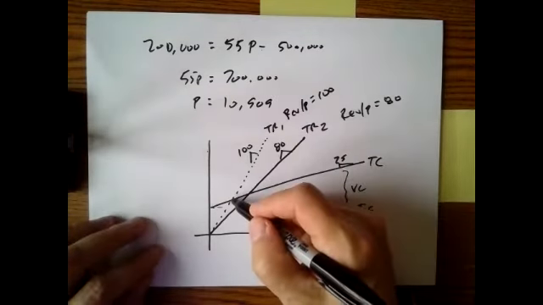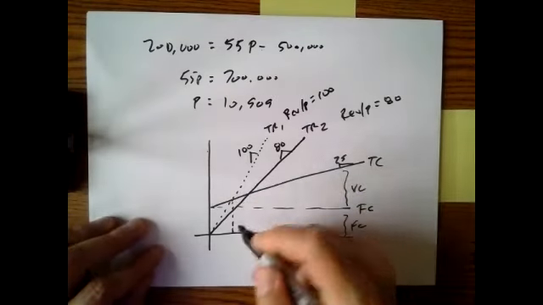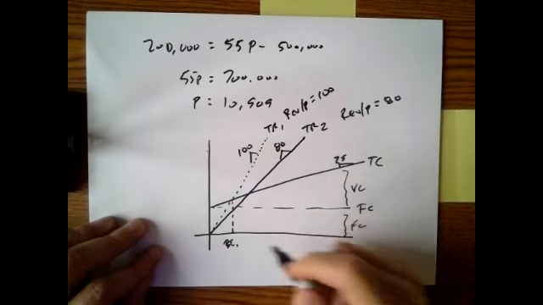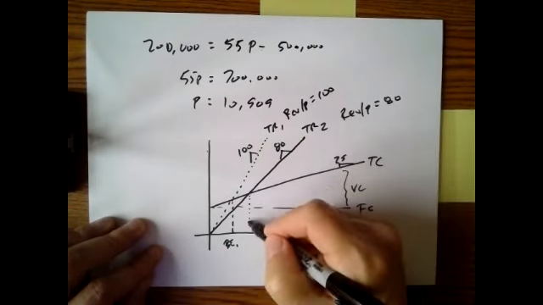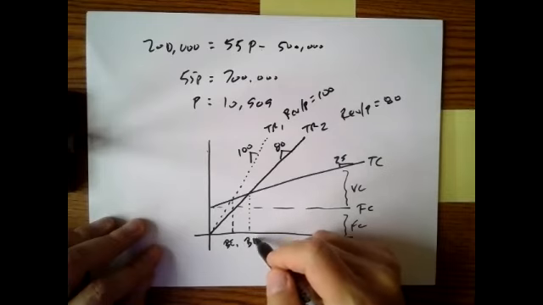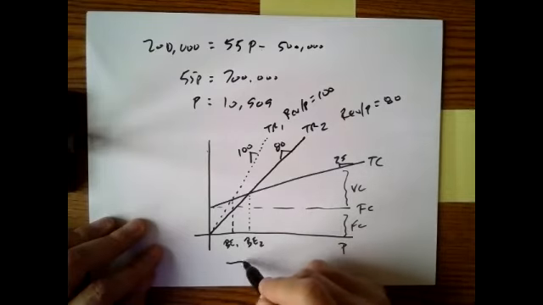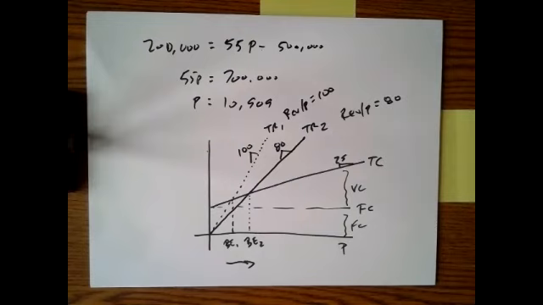So notice what changes is the break even. The original break even volume was here. Now the break even is moving to the right. We're going to have to do more procedures in order to break even.